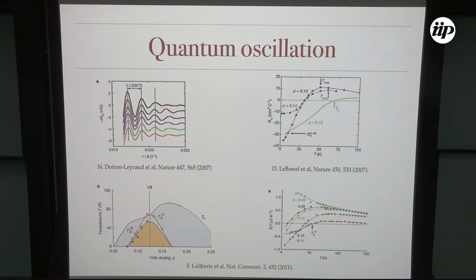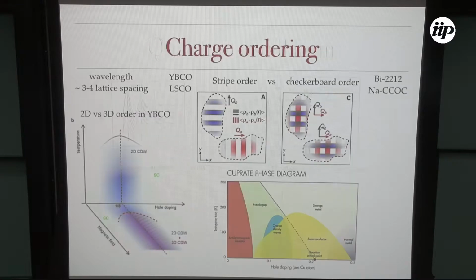Charge ordering was also found in the cuprates. But it would be too easy to have one ordering. In the different types of cuprates, there are two general types of ordering: the stripe order and the checkerboard order.